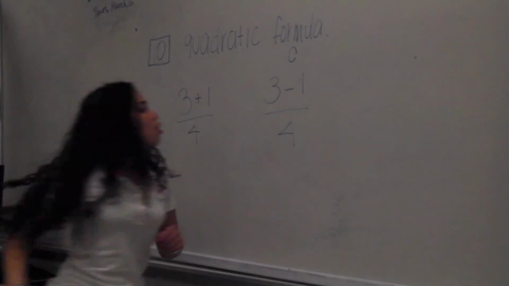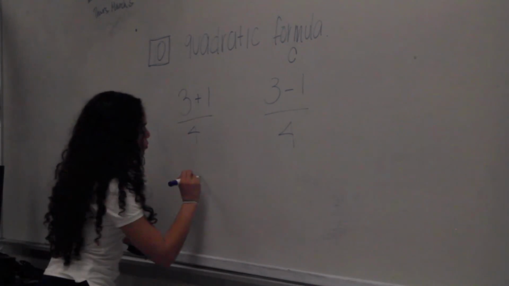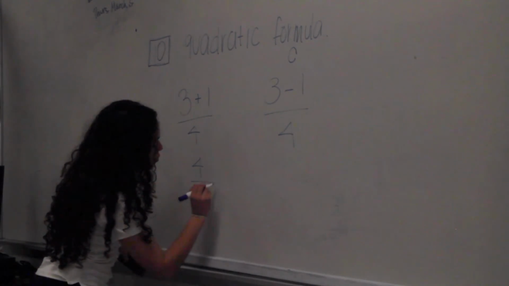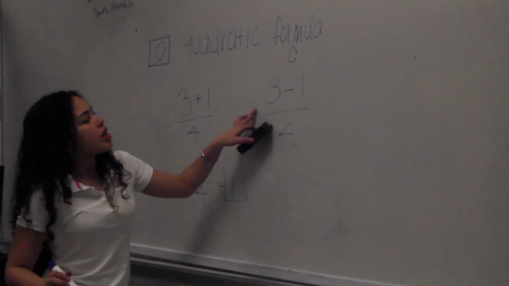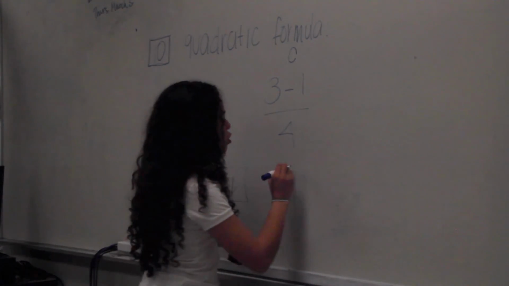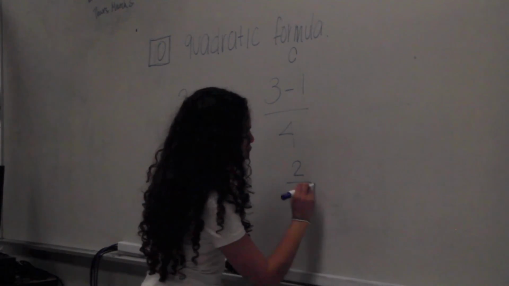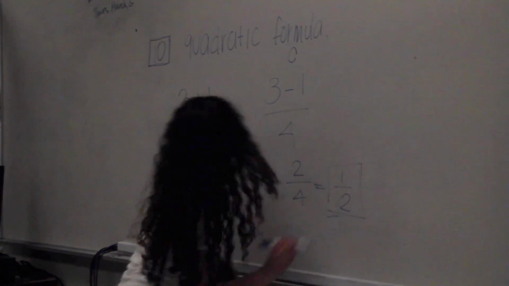So 3 plus 1 is 4. 4 over 4 equals 1, and that is going to be one of your answers. Now we're going to move on to the next one. 3 minus 1 is 2. So 2 over 4 equals 1/2, and that is your second answer. And there are your two answers.